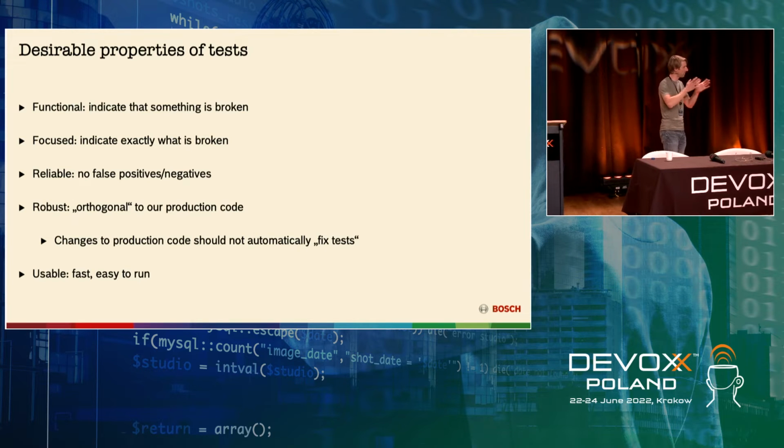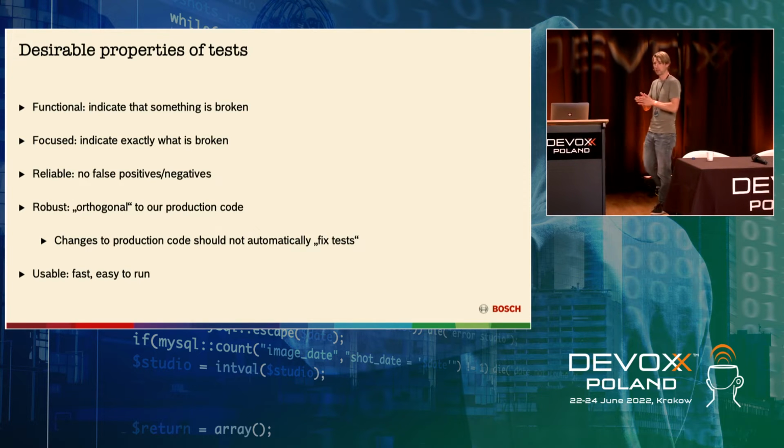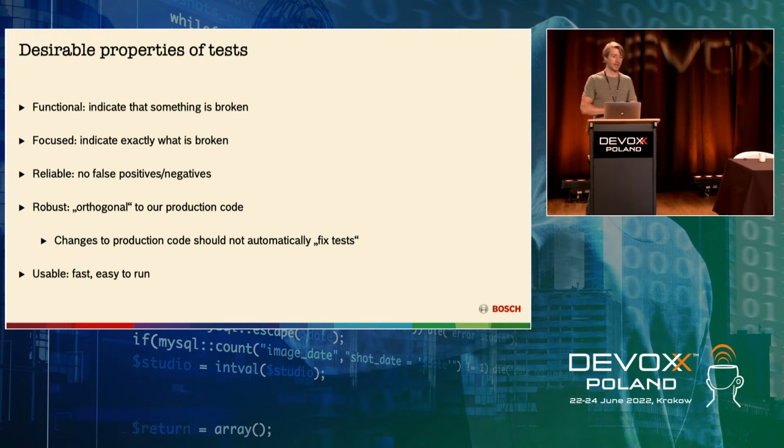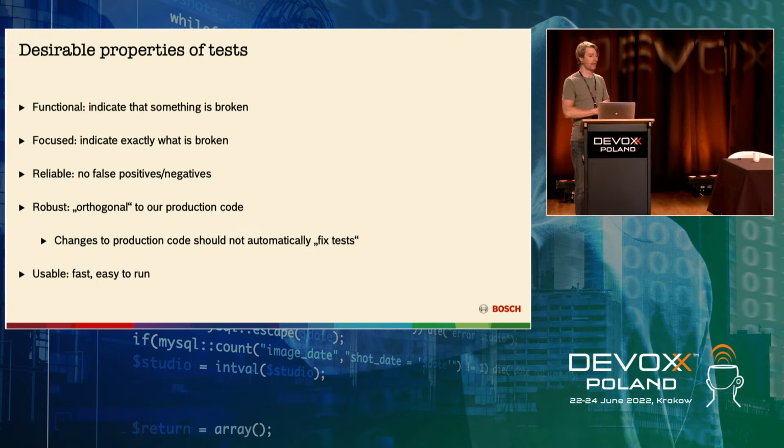So we want to keep that separate, not to mess with our tests when we change production code. And then of course they should be as fast as possible, easy to run. So you don't want to work through a huge manual to run your test suite.